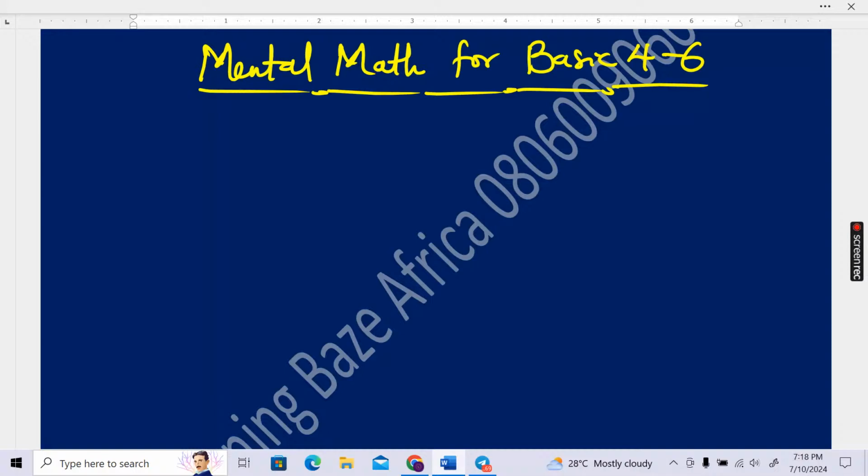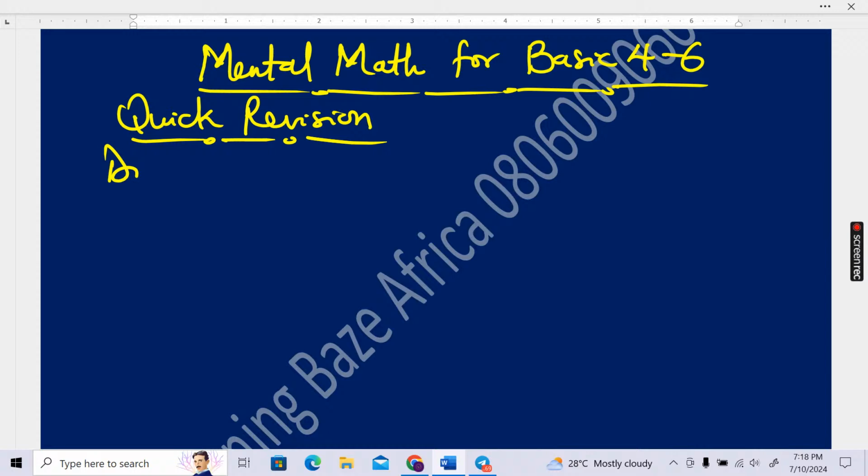To multiply and to divide by 5 has its own steps. So let's do a quick revision of what we have been learning. We have learned how to divide any number by 5.